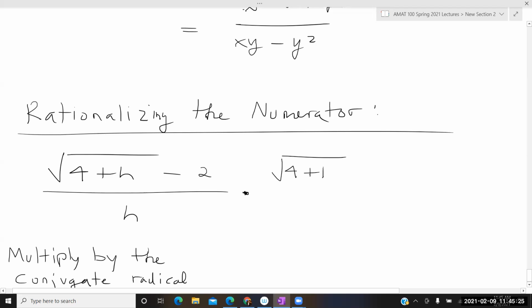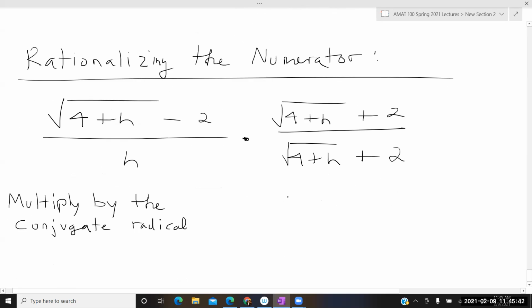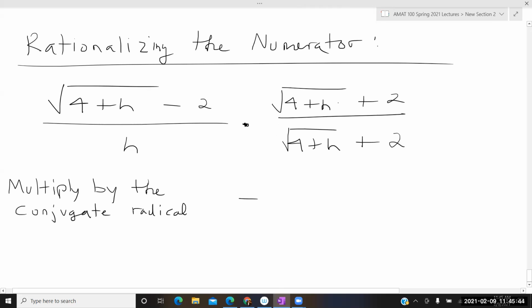So you have the square root of 4 plus h, plus 2. And then you also have to divide by this, because this will give you 1. This fraction right here is just 1 written in a different form. When you multiply the numerators together, this should remind you of difference of squares.